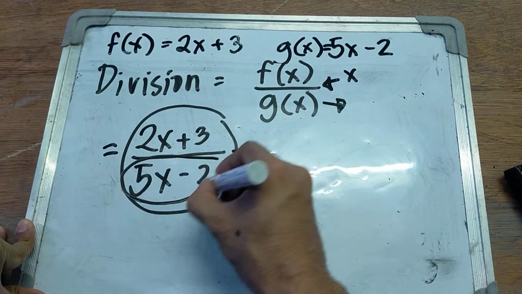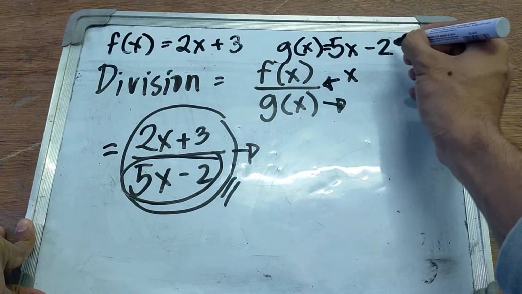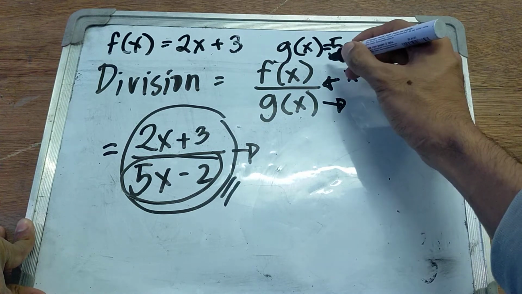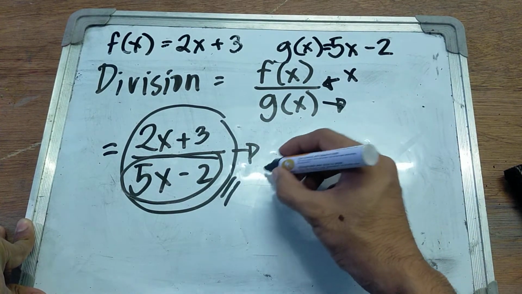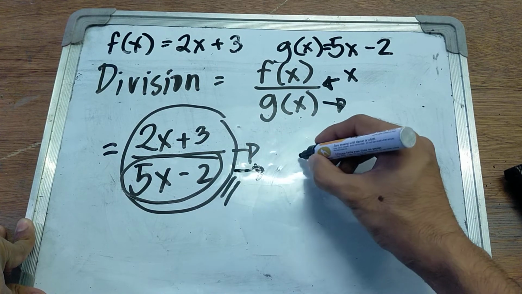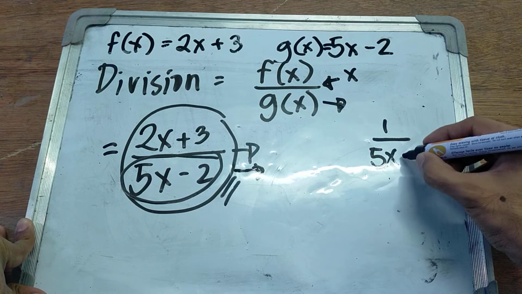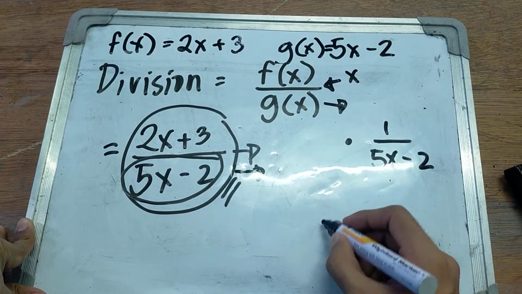So, hahanapin natin yung reciprocal nito. So, the reciprocal of this, since siya ay whole equation at wala siyang denominator but an imaginary, so ang reciprocal ng 5x minus 2 ay 1 over 5x minus 2. And then, instead of division, magmumultiply tayo.